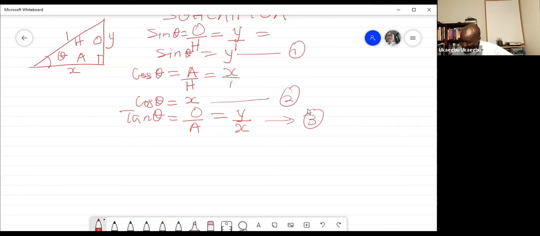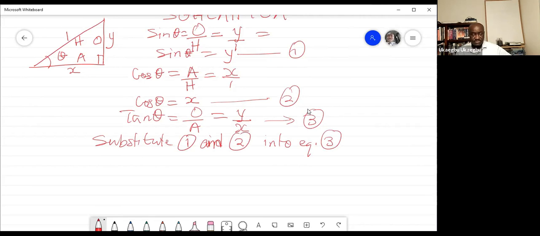Equation 2, x is equal to cos theta. So we can substitute equation 1 and equation 2 into equation 3. So you're just making a substitution.